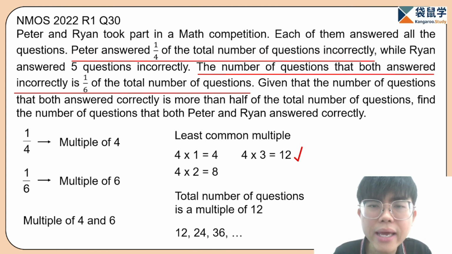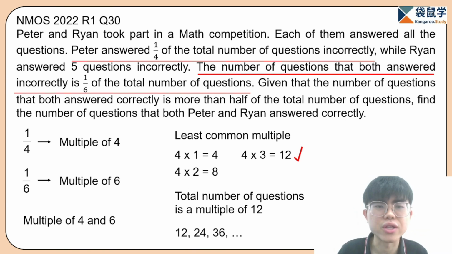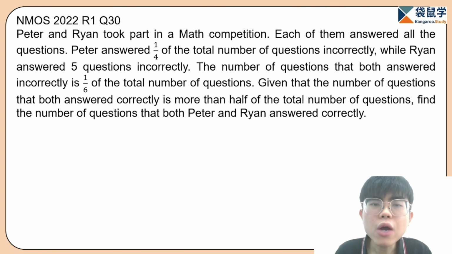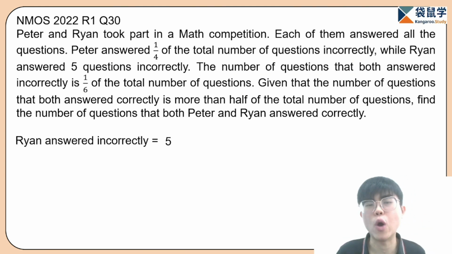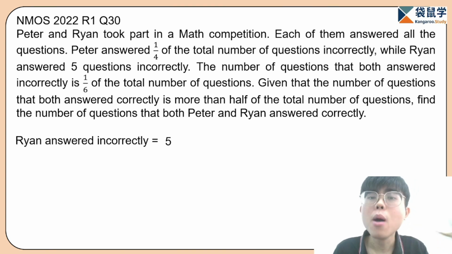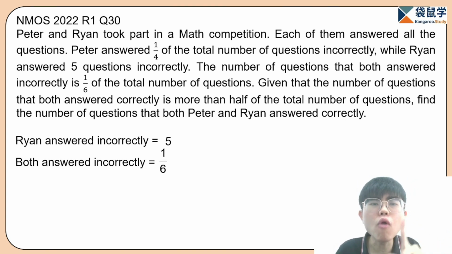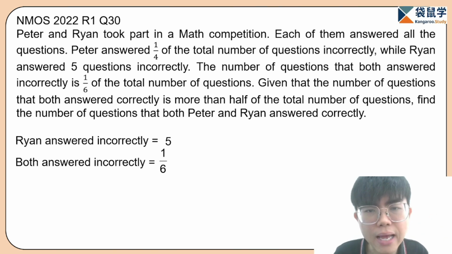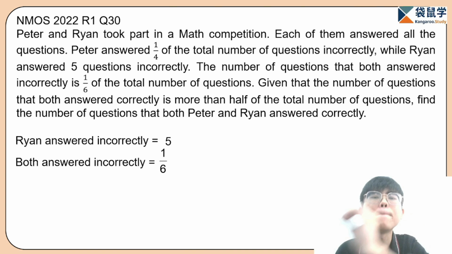So let's see if we can get more information from the question, right? In the question, the only value that we have is that Ryan answered 5 questions incorrectly. The fraction related to Ryan is that both of them answered 1/6 of the questions incorrectly. So what does this mean then? It means that 1 part out of 6 parts of the total questions is answered incorrectly by Ryan and also Peter.